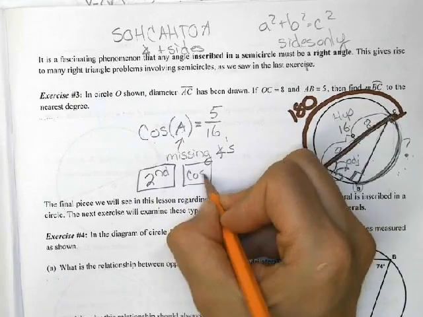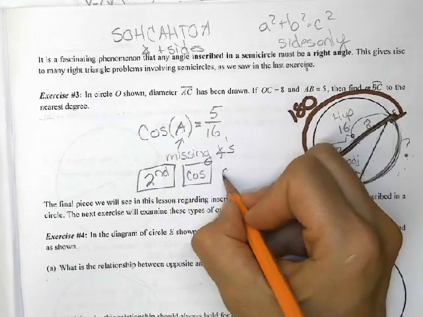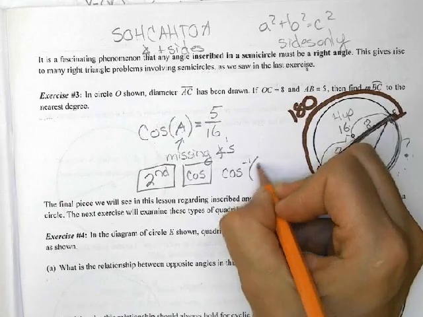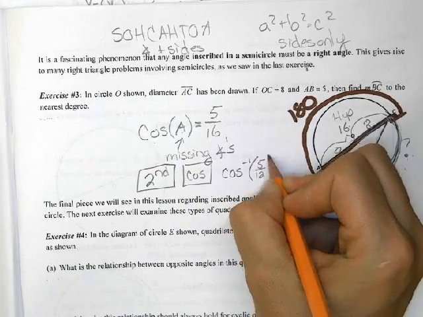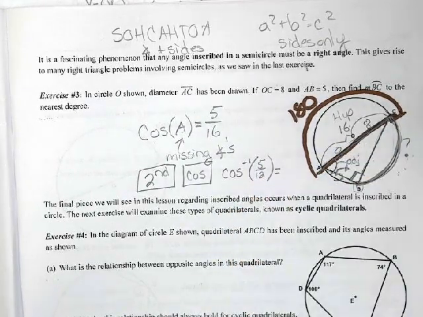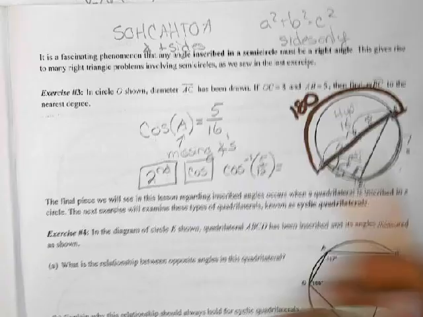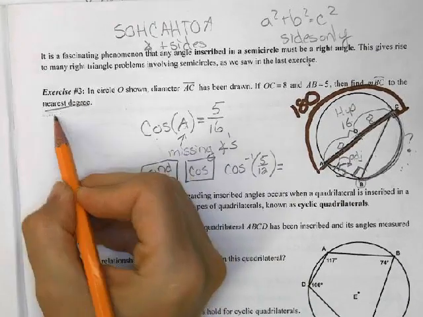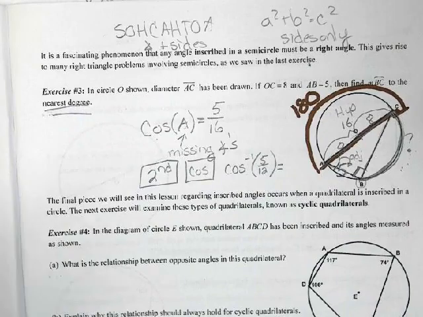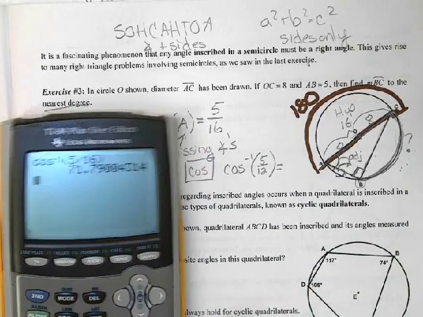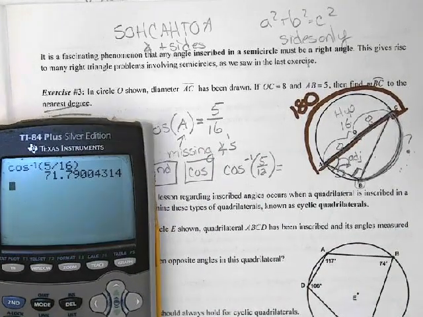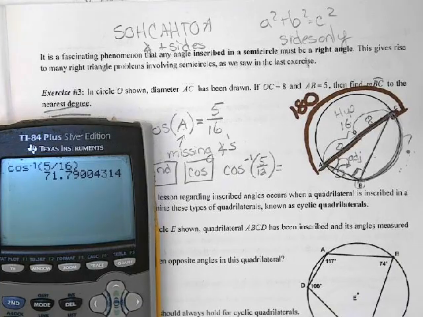You will do second cosine, so you get cos to the -1, and then you just type in 5 divided by 16 to get the angle measure. Yes, because it says to the nearest degree. Okay, so I did it. I got 71.79. But I don't want to round yet.